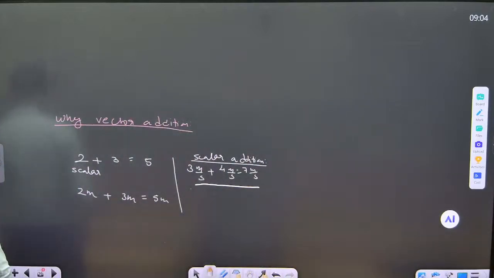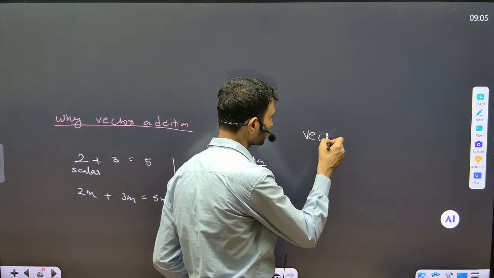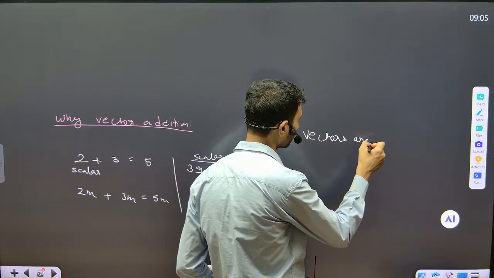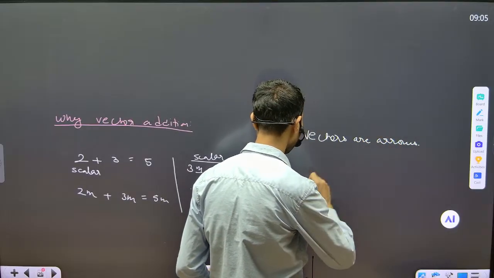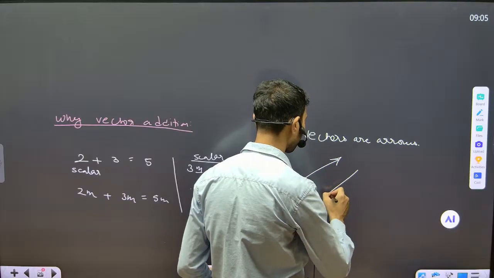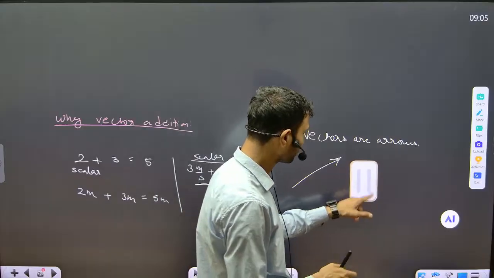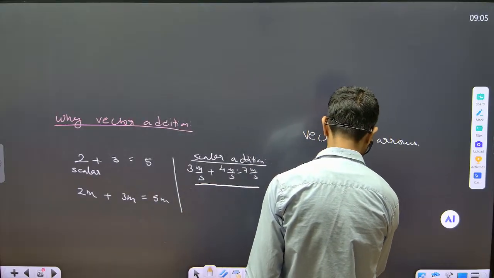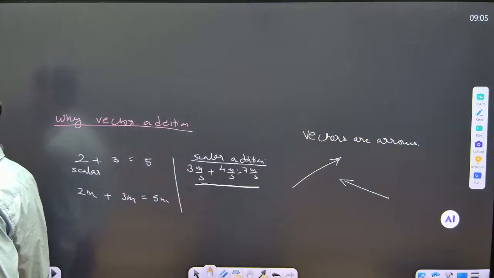What are vectors? As I told you, vectors are arrows. If you have this vector, and this vector, you have to add them. Basically, we have to add arrows. Now you wouldn't have any idea how to add arrows because this was never taught to you, right?